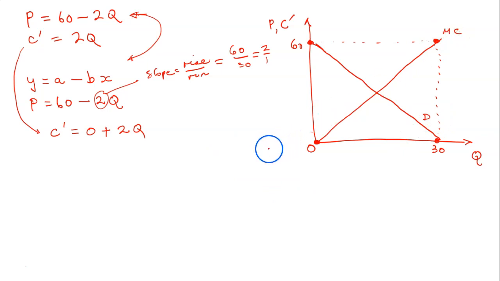Now, this is a monopolist, so assuming it's a profit maximizing monopolist, it's going to choose an output level where marginal revenue equals marginal cost, which means we need a marginal revenue curve. What do we know about the marginal revenue curve?